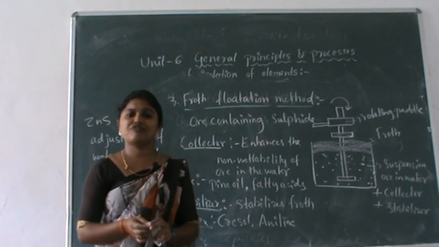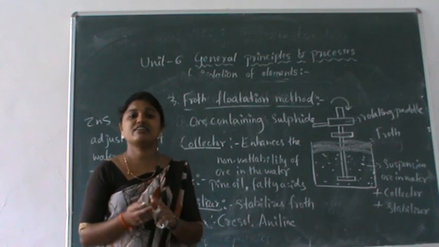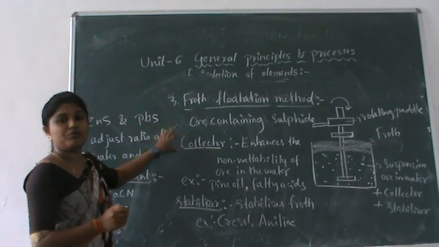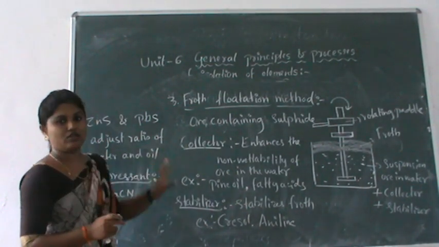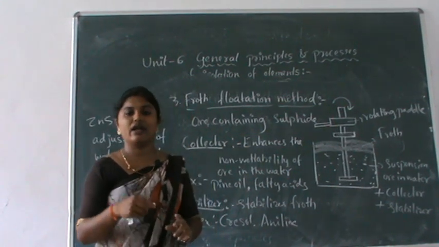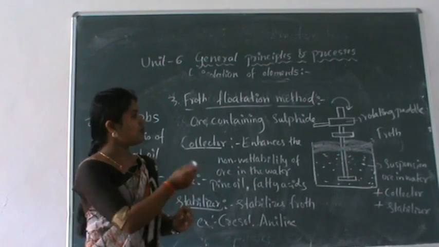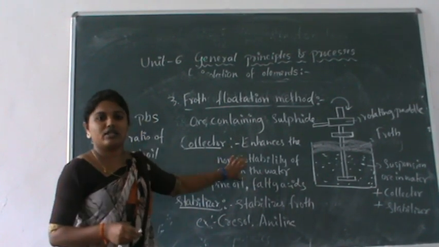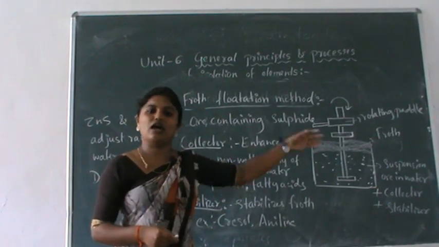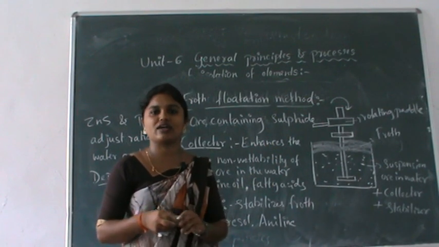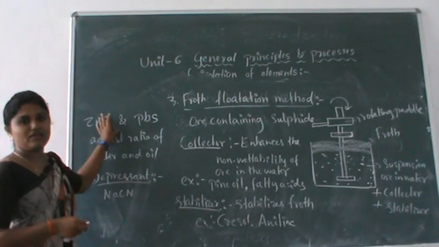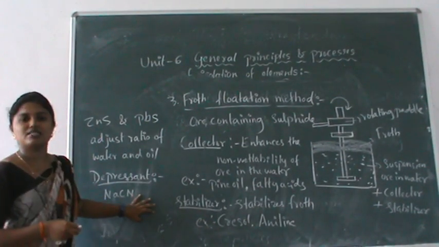ಆಯ್ತಾ? ವಾಟ್ ಇಸ್ ದ ರೋಲ್ ಆಫ್ ಡಿಪ್ರೆಸೆಂಟ್ ಕೇಳಬಹುದು ಎಕ್ಸಾಮ್ ಅಲ್ಲಿ. ಡಿಪ್ರೆಸೆಂಟ್ ಏನ್ ಮಾಡ್ತದೆ ಅಂದ್ರೆ, which will prevent the one ore to come with the froth and allows the other ore to come along with the froth. ಆಯ್ತಾ? ಒಂದು ore ಅನ್ನ ಪ್ರಿವೆಂಟ್ ಮಾಡ್ತದೆ ಹೋಗದೆ ಇರುವಾಗೆ, another ore that will come along with the froth. ಆಯ್ತಾ? ಒಂದು ore ಹಾಗೆ ಉಳ್ಕೊಳ್ತದೆ. ಹಾಗೆ ಇವೆರಡರಲ್ಲಿ the zinc blende will be depressed by sodium cyanide.